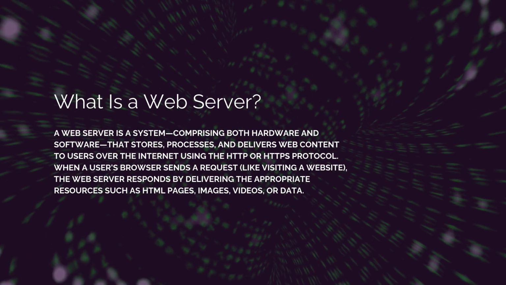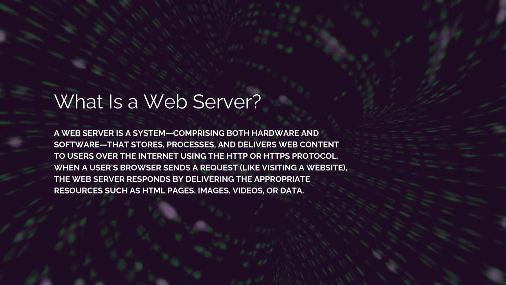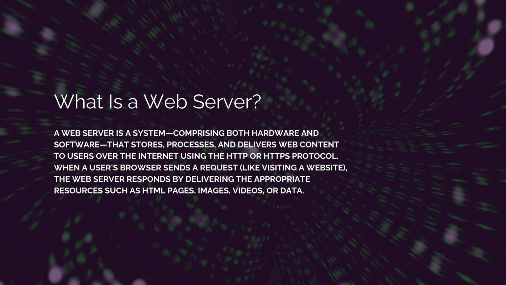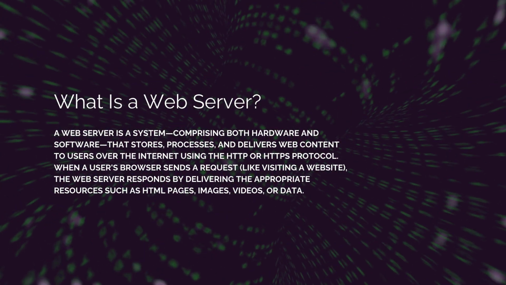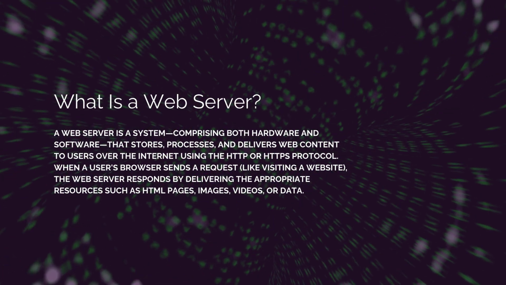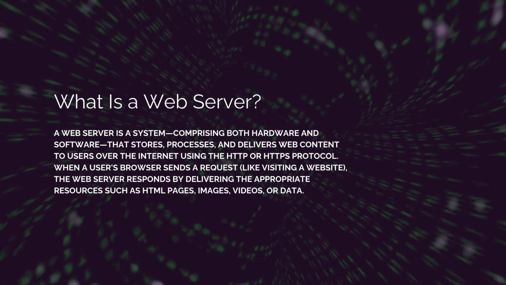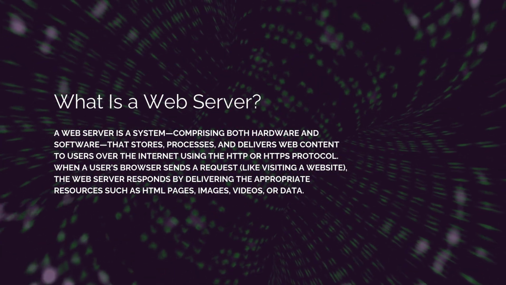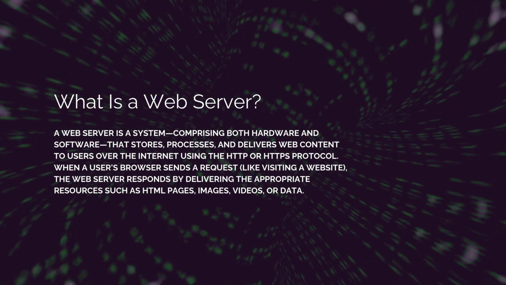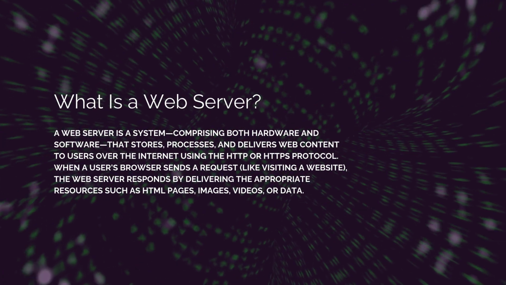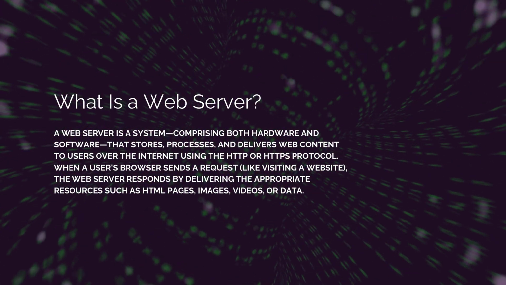There are some common web server stacks, such as your LAMP stack, which is Linux, Apache, MySQL, and PHP. You have LEMP, which is Linux, Nginx, MySQL, and PHP. And then MEAN, where it's MongoDB, Express.js, and Angular. And then the variations of MERN and MEVN, which use React or Vue.js respectively.